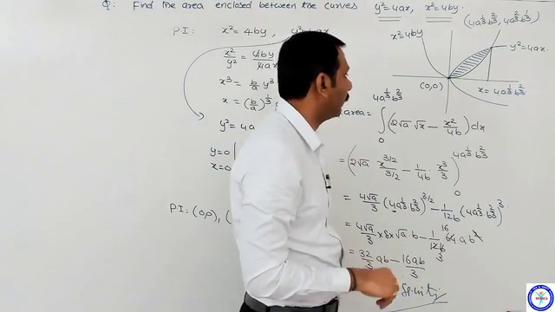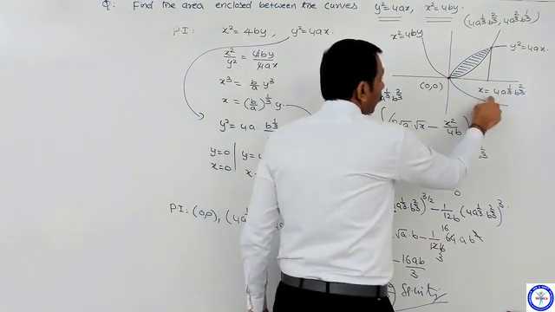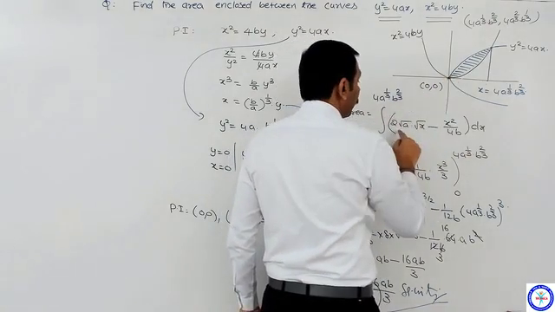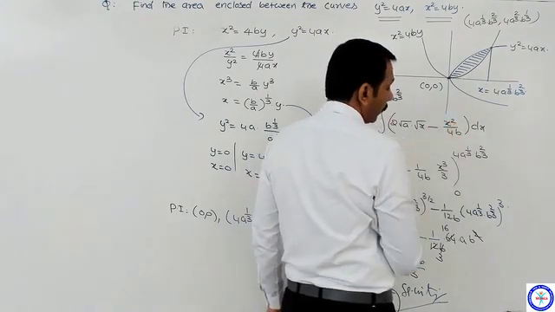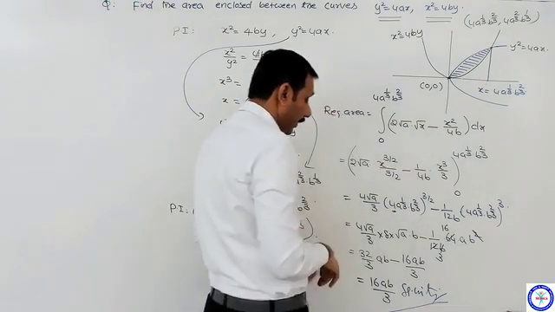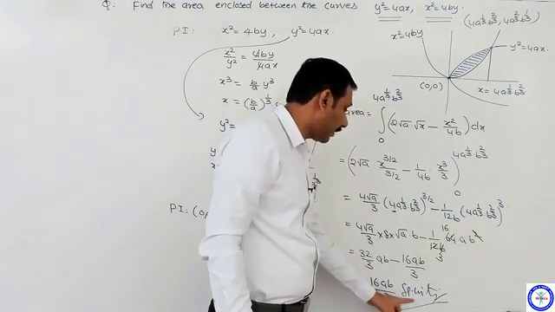You can do that one if you want. Therefore, I have taken the required area as the integral from 0 to 4a^(1/3) b^(2/3) of the upper curve 2 root a into root x minus the lower curve x square by 4b, dx. And do this integration very carefully, and the final answer is 16ab by 3 square units.